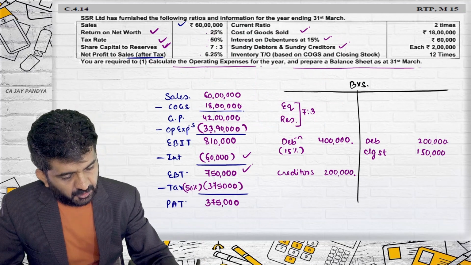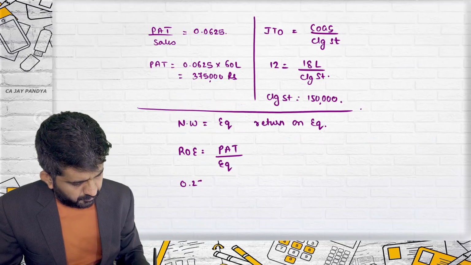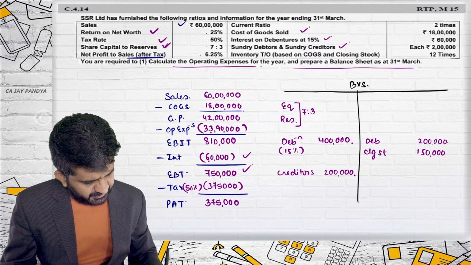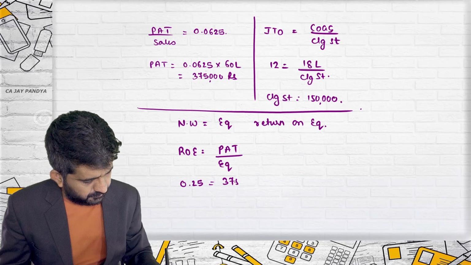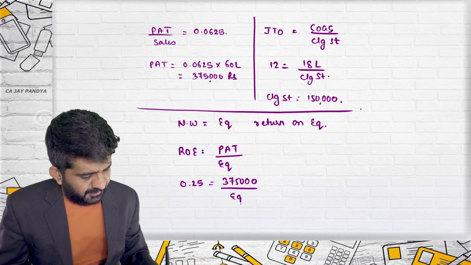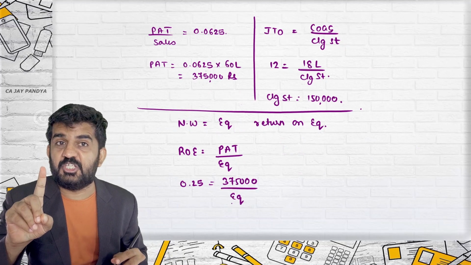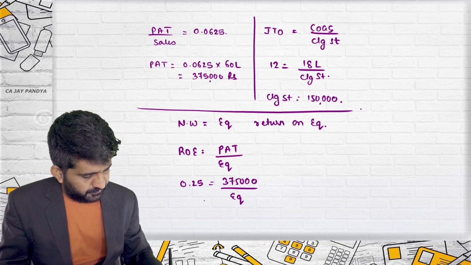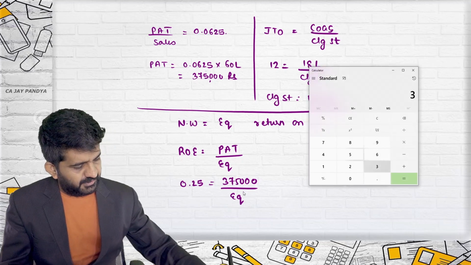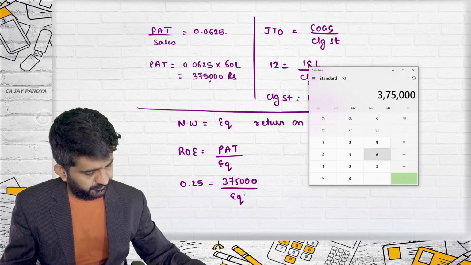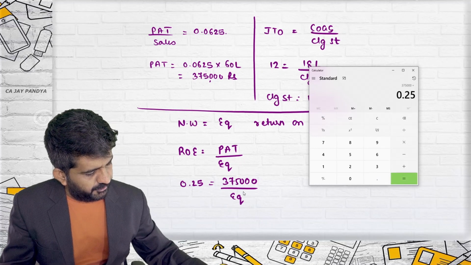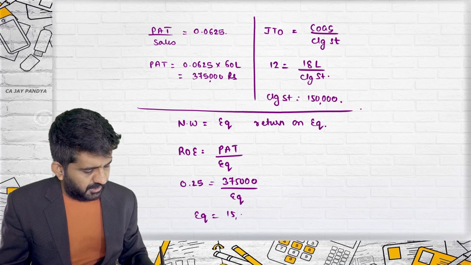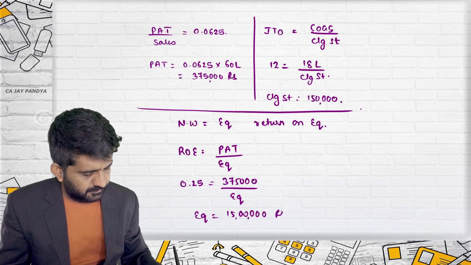Return on equity is 25%. I am not multiplying by 100, so I write 0.25. Profit after tax is 3,75,000. I will be getting the answer of equity, not equity share capital. Equity is equity share capital plus reserves. So equity will be 3,75,000 divided by 0.25, which is 15 lakhs.